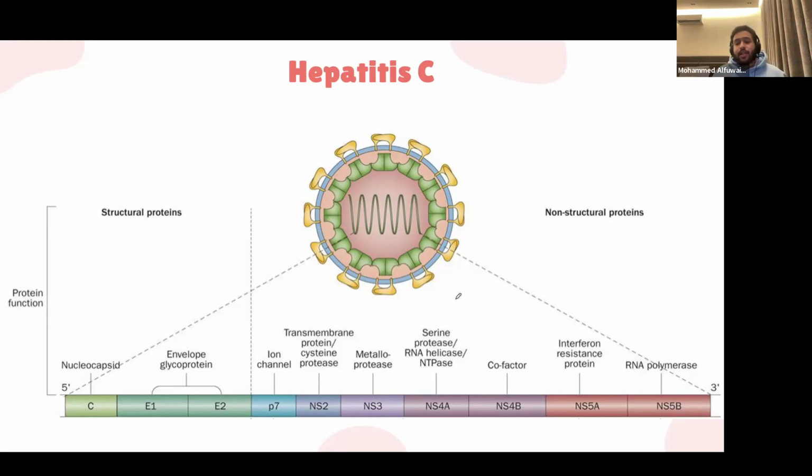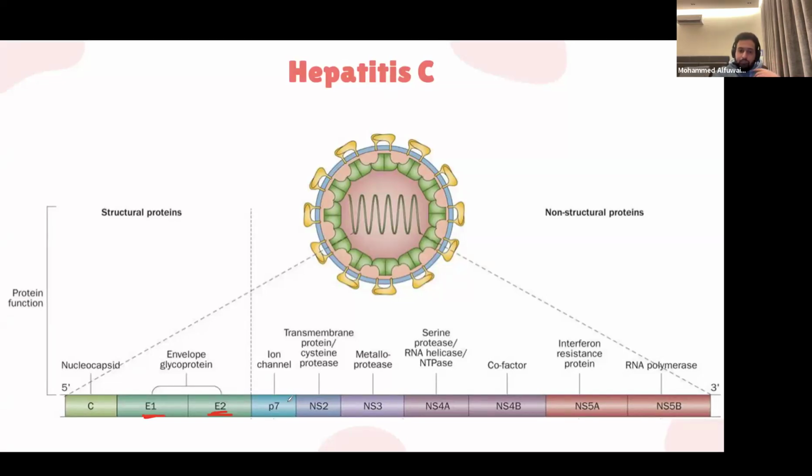Hepatitis C has two types of proteins: structural proteins, which give it its structure, and non-structural proteins, which are mainly for enzymes. For structural proteins, you have two important ones, E1 and E2, the envelope proteins.